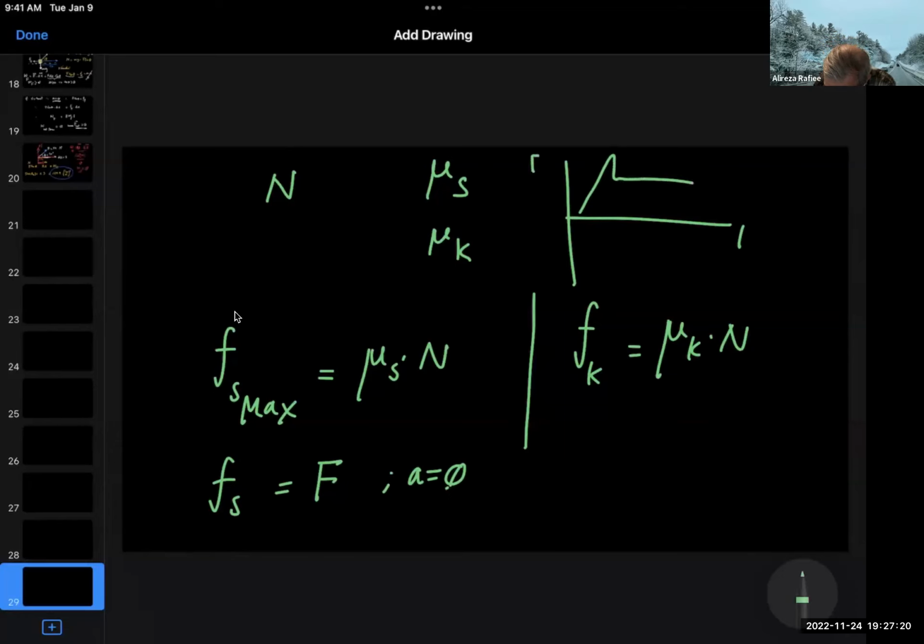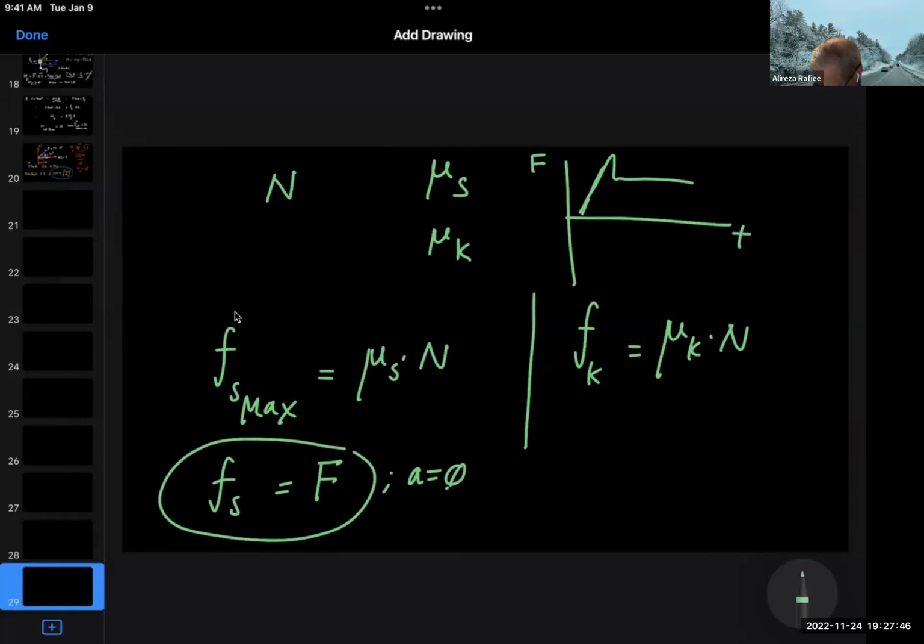Let's say this is the external force you're applying, and the friction force can be measured in this way: you apply the external force and the object doesn't move, and it would be equal to the friction as long as it's not moving.